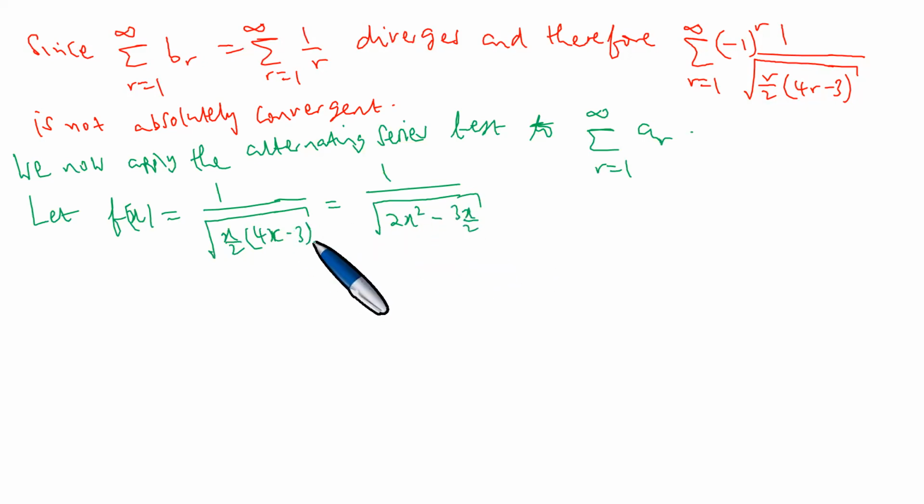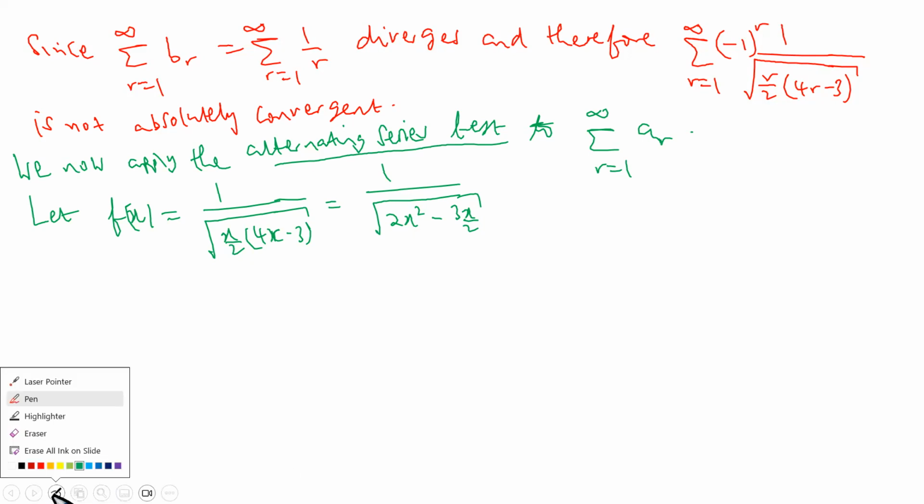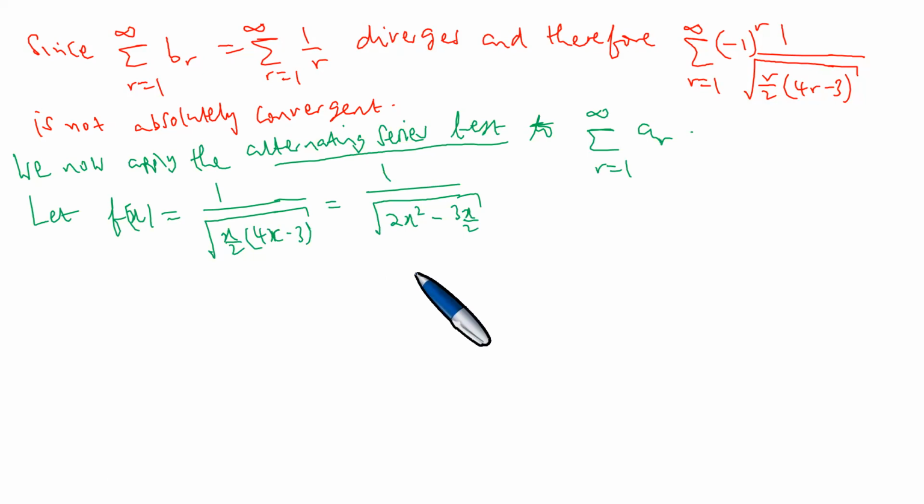We need to find the derivative of this because it must be decreasing for us to use the alternating series test. We need the function to be decreasing. So we're going to find the derivative of this one.